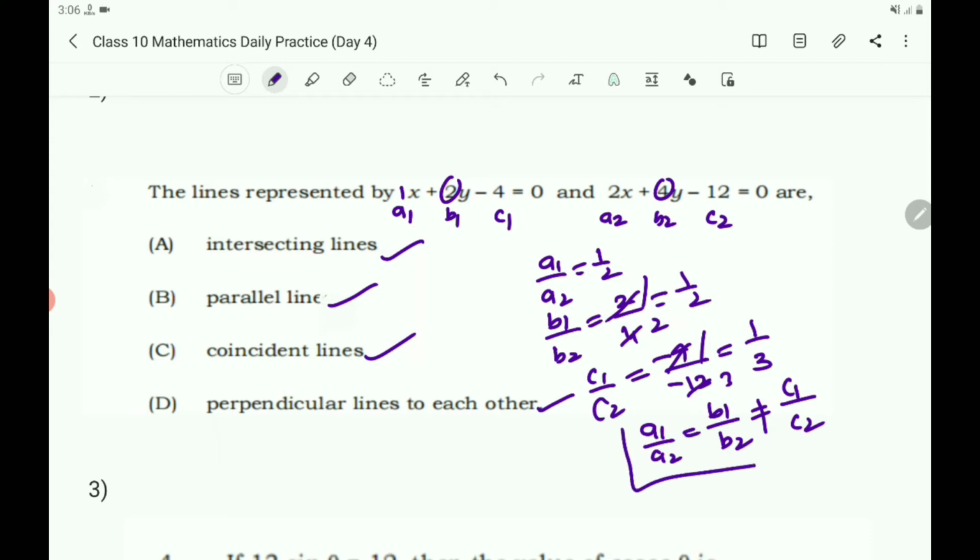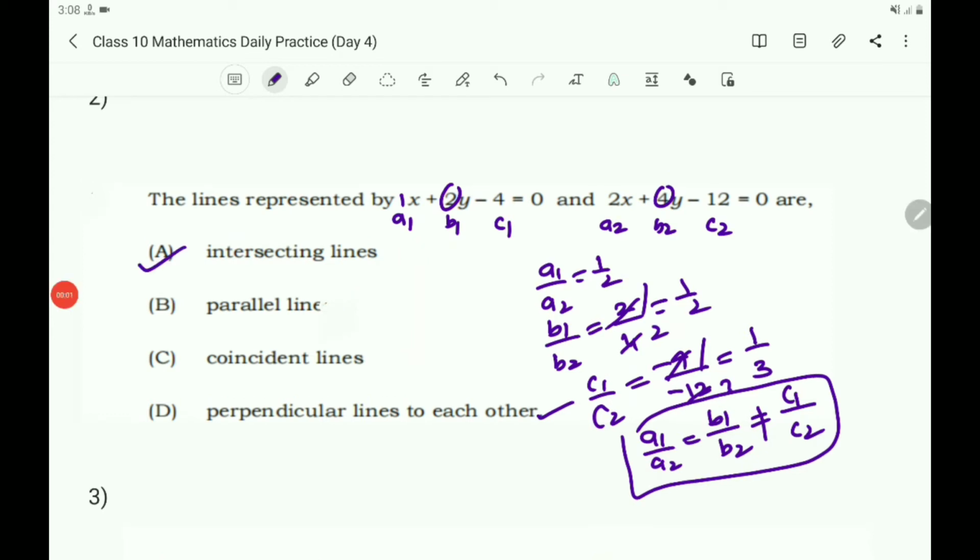If a1 by a2 equals b1 by b2 is not equal to c1 by c2, then which relation holds good here? Whether they are intersecting, parallel, coincident, or perpendicular, we have to think. So you can conclude that A is not the answer.